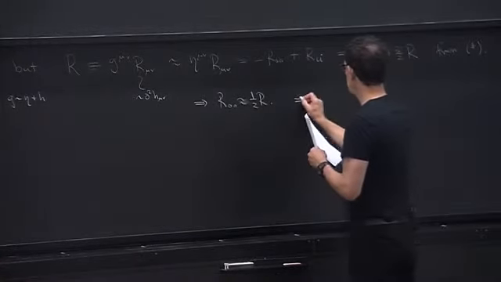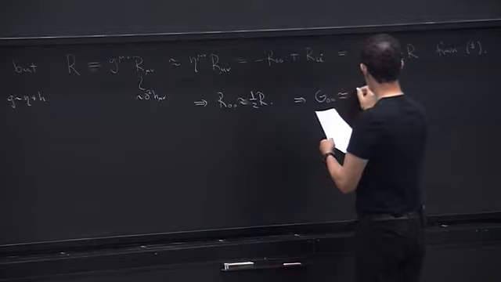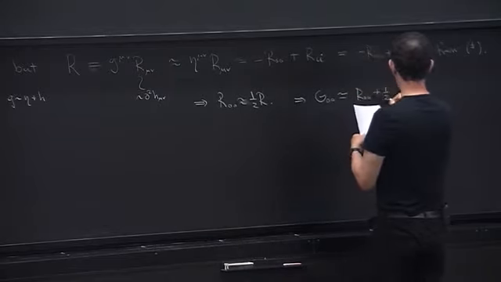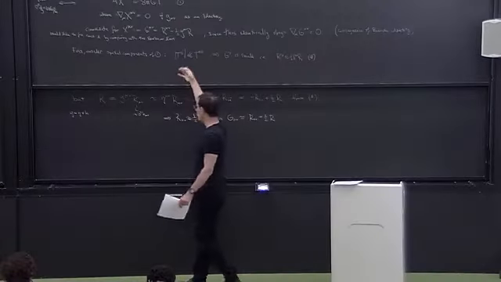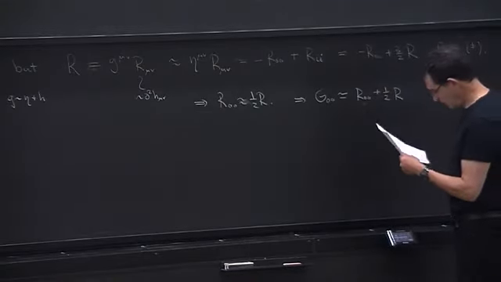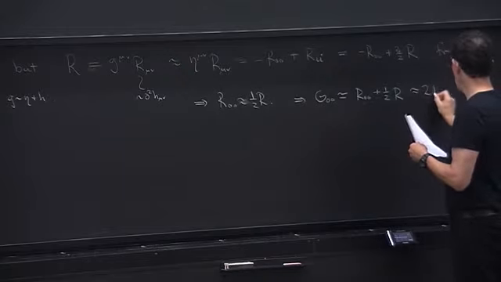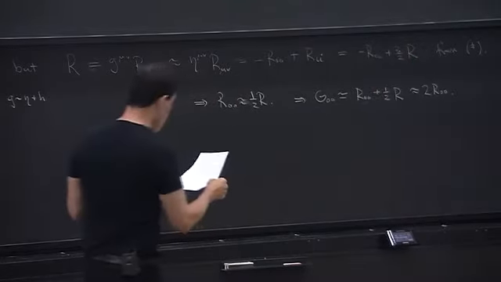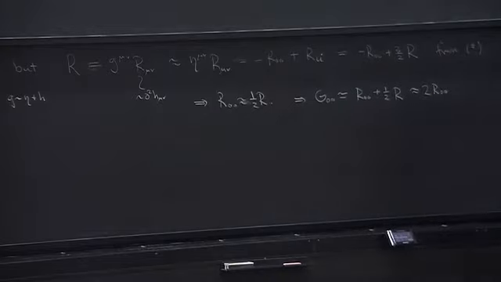And so it follows that G00, the Einstein tensor, which is approximately R00 plus 1/2 R, because eta 00 is -1, right? So that changes the sign here to plus 1/2, and this is approximately 2 R00. So the left-hand side of the Einstein equation is just 2 R00.